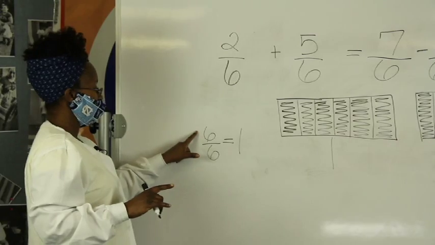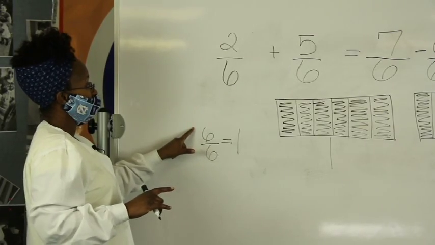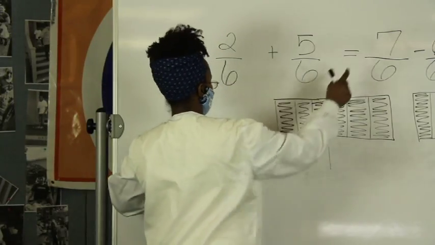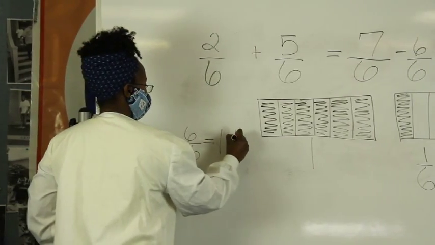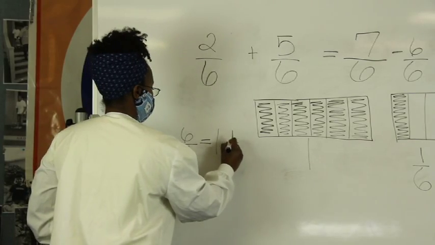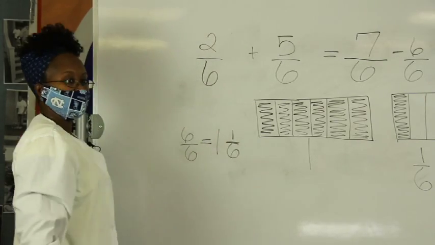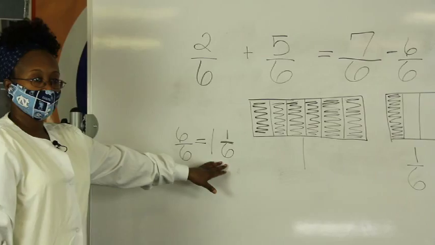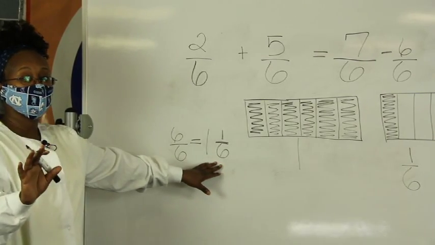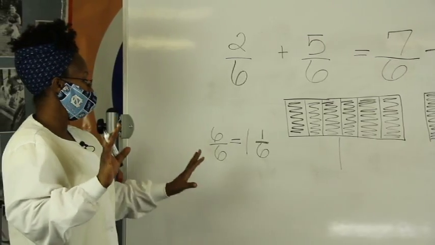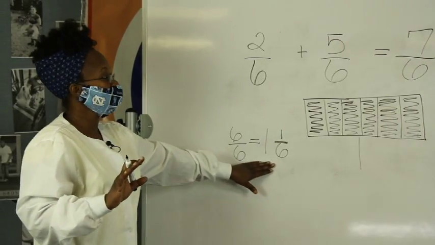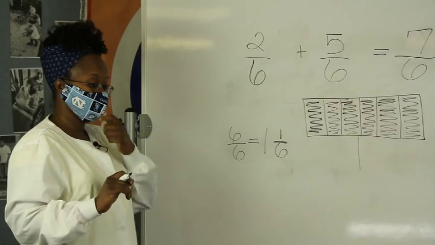You look at this number here, how many more puts me to 7? 1 more does. So you just go 1 and keep the same denominator. Because right now, we're keeping it simple. We're doing just the same denominator. You don't have to do anything more difficult than that right this second, because that's all we've covered.